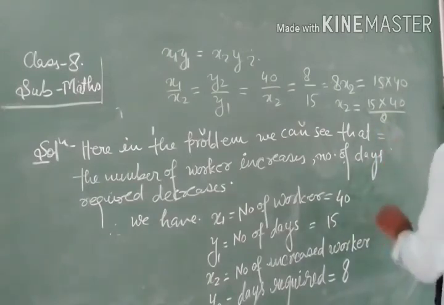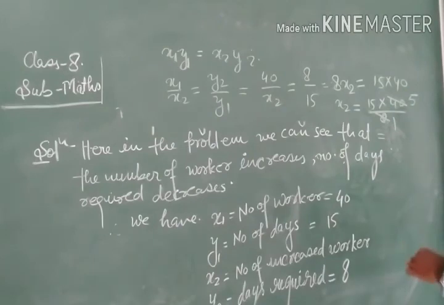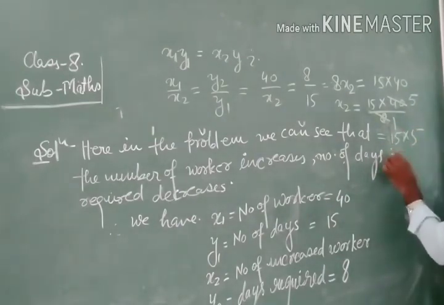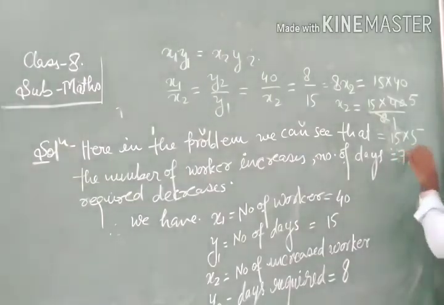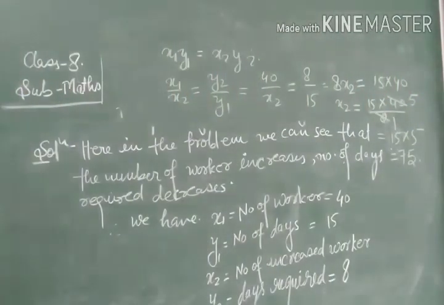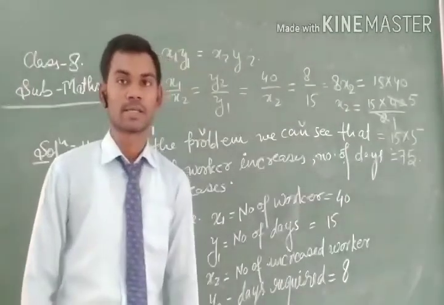When we solve it, 8 ones are 8, 8 fives are 40, and this will give 15 multiplied by 5, and this is equal to 75. Okay, students. So here we need 75 workers to complete the work in 8 days.